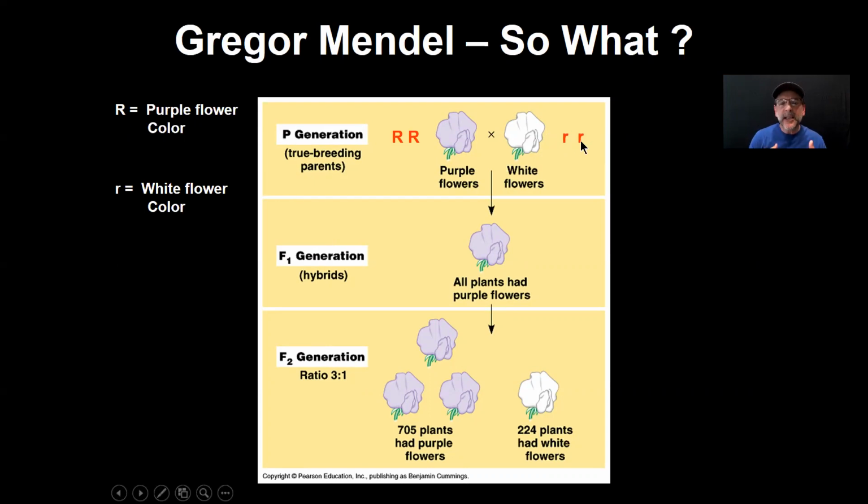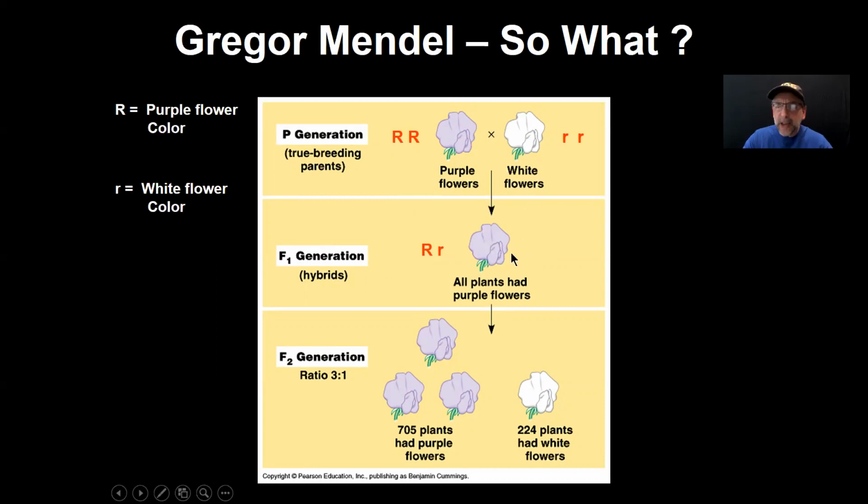All organisms carry their characteristics in homologous pairs. There's always 2 copies. But then before we have offspring, you separate those 2 alleles and only give your offspring 1. Which is why in the F1 generation here, these individuals are all big R, little r. Why? Because this offspring got the big R from one parent and the little r from the other.